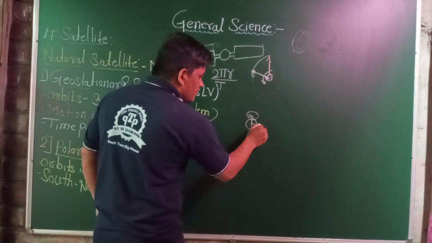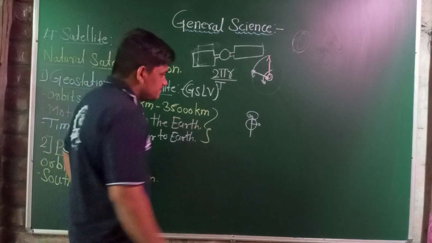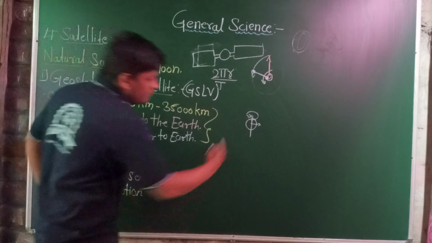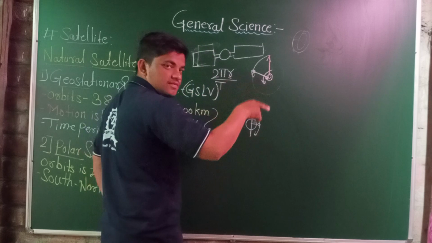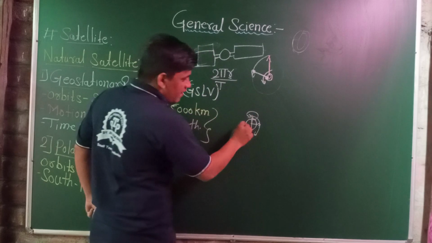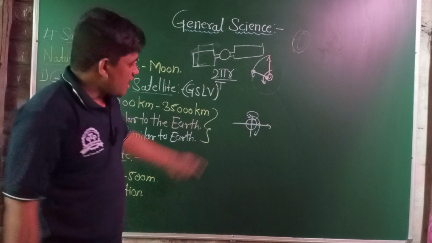It means the geostationary satellite also moves like this. But if the Earth moves like this, the polar satellite moves like this. It means the axis of rotation of the satellite is like this, and this will be its movement.